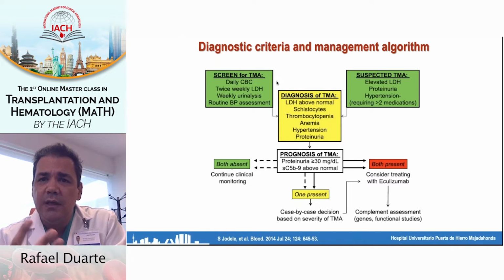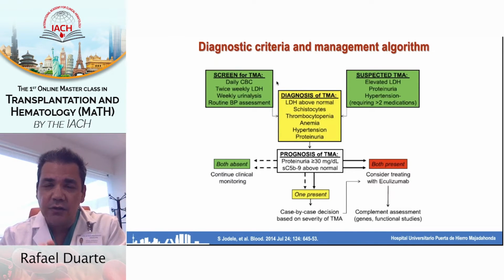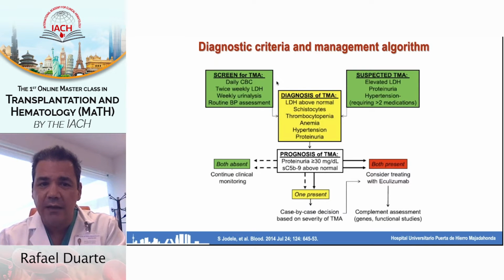The only way we can do it is just look at some of the features. We need to know what we saw before, that some of these features occur earlier and some occur later. So full blood counts, LDH, urine analysis for albuminuria and blood pressure, all those are going to be able to give us a warning about the possibility of a suspicion of TMA occurring in our patient.